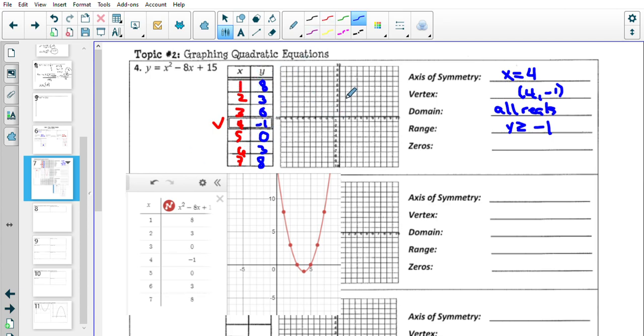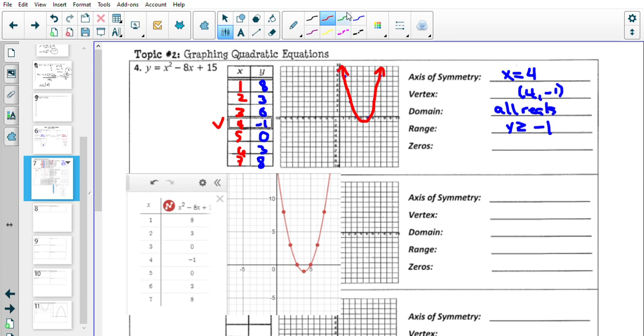I have the point 1, 8, I have the point 2, 3, 3, 0, 4, negative 1, 5, 0, 6, 3, and 7, 8. Okay, so I have those points, and then I can graph my curve accordingly.